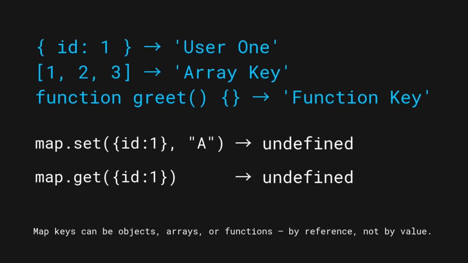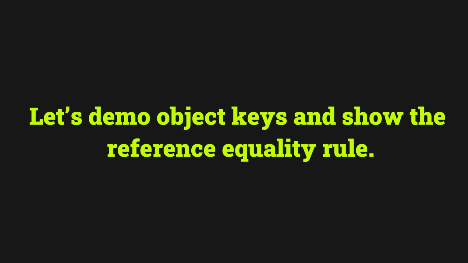A major Map advantage: keys can be any value, objects, arrays, functions, not only strings. Let's demo object keys and show the reference equality rule.